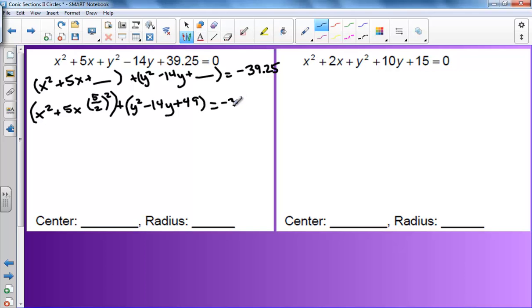Equals, so on this side I have a negative 39.25. I'm going to add 25 over 4, which, if I change that into a decimal, is 6.25.